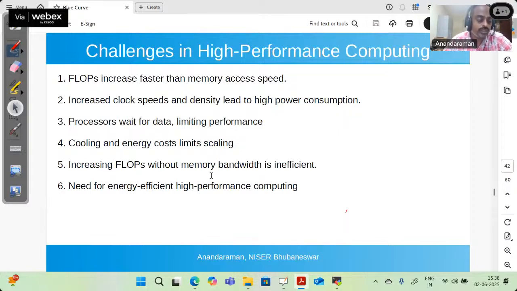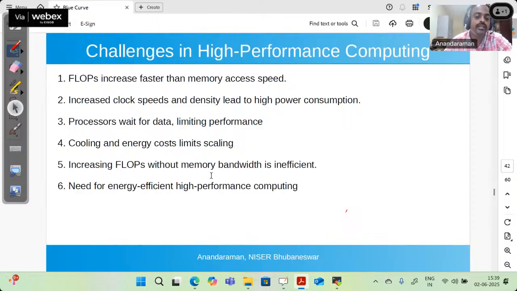What are the challenges in present HPC? Flops increase faster than memory access speed. So CPU performance is increasing, but memory performance is still a bottleneck. Then IO is still a bottleneck. Increased clock speed and density lead to higher power consumption. Data center power is high now. CPUs are getting heated up because so many cores are packed in very little area.